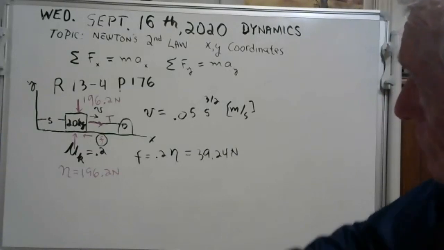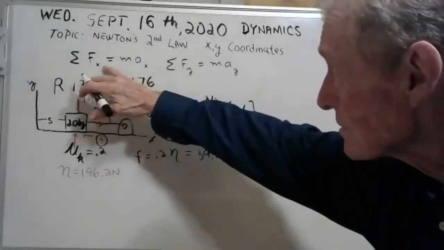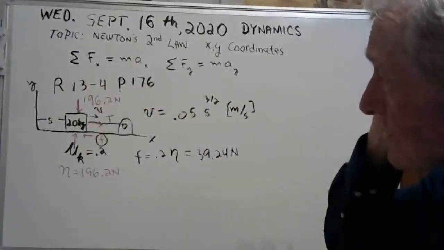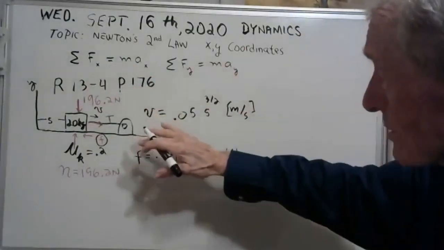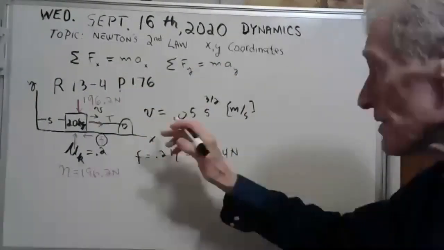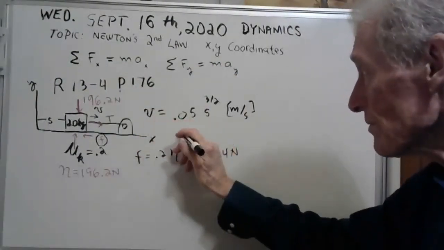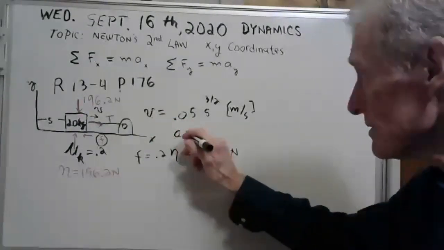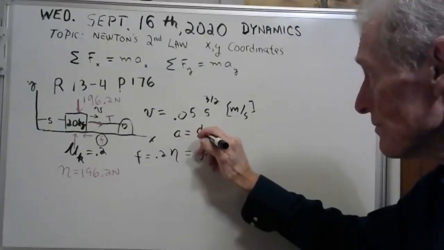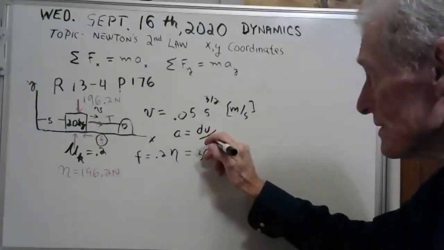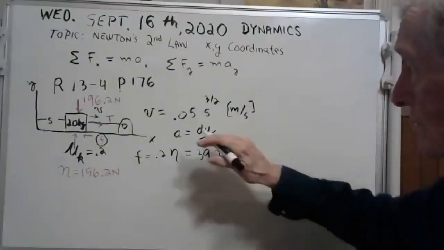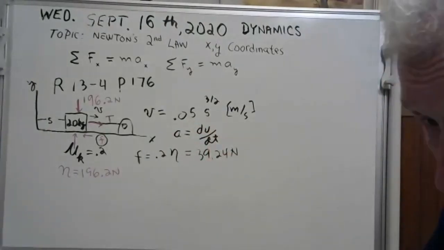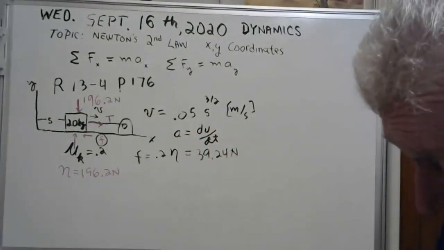Now, to find the tension, we'll have to use Newton's second law. But it has acceleration. We don't have acceleration. We have velocity. So to get acceleration, we're going to take the derivative. You know how to do that. The acceleration is the derivative of the velocity. So you're going to take the derivative of this velocity while I shut up for about a minute.